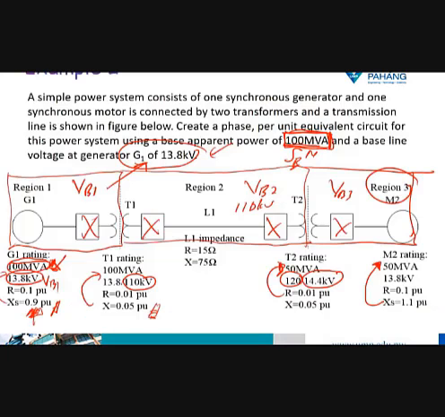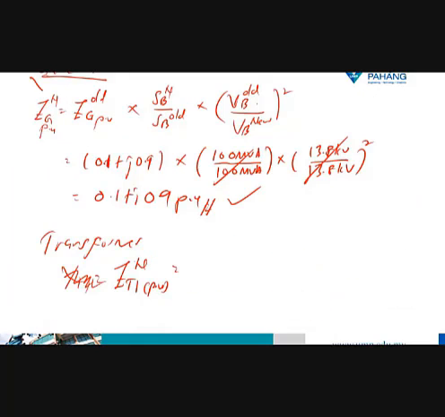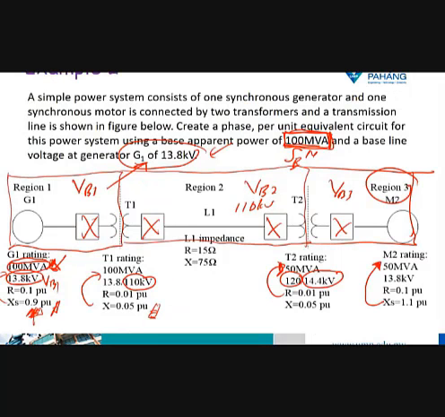Z T1 per unit old is 0.01 plus j0.05, times S base new, 100 MVA, given in the question, over S base old, stated in the transformer data, also 100.